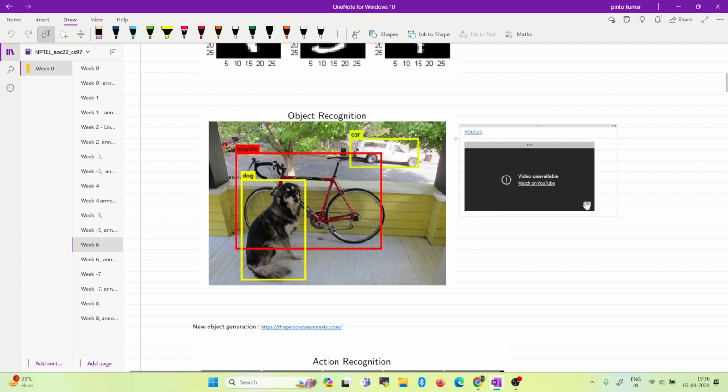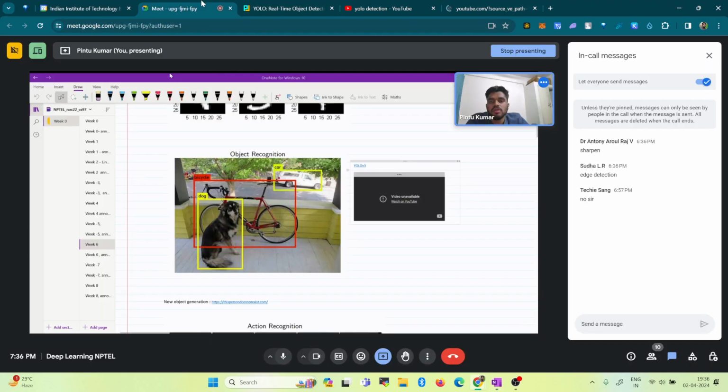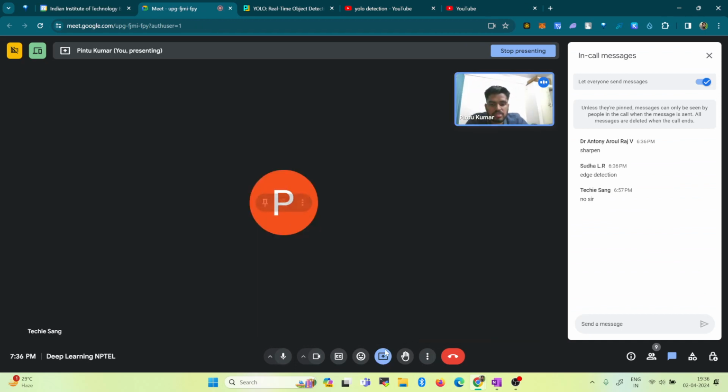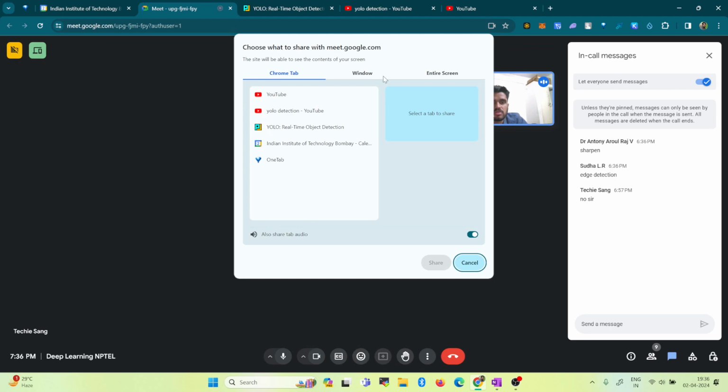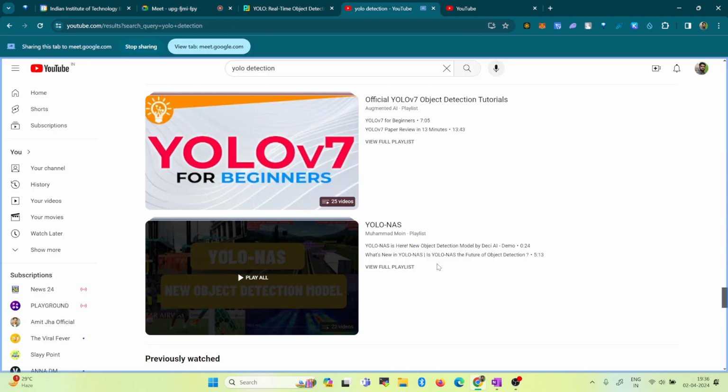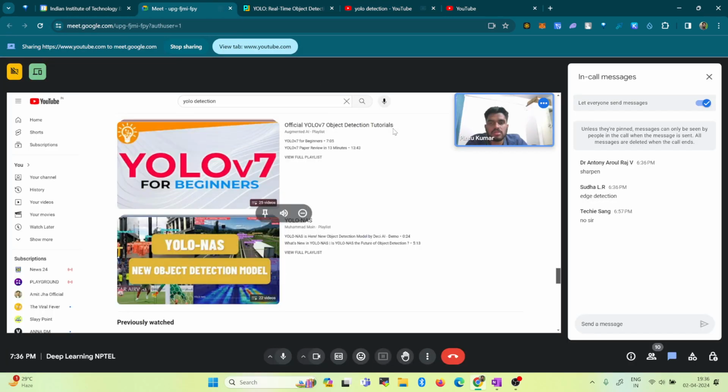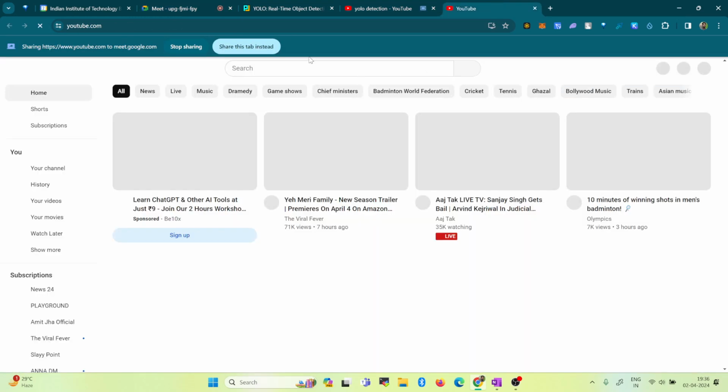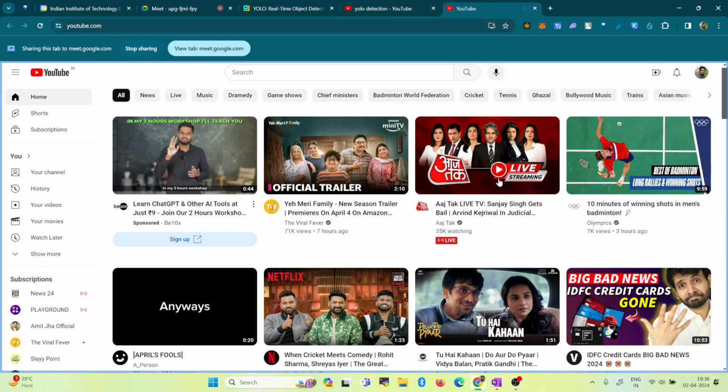This should work. I'll share a different tab now. We'll get back to what we were discussing. We'll have some questions also, but you can see this first. No, not this tab. I'll share this tab.